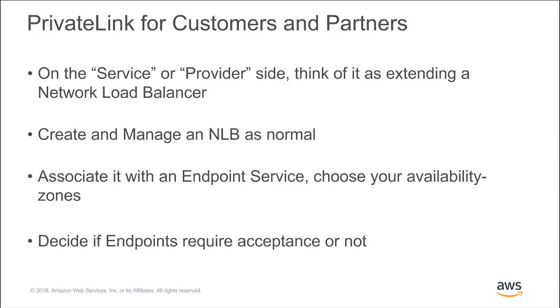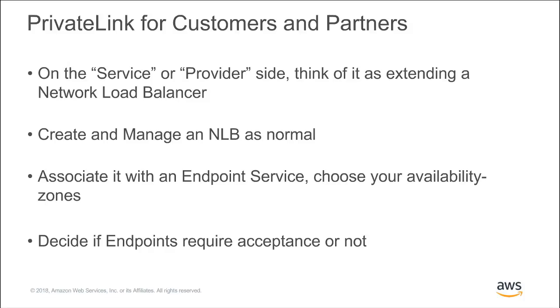So there, what you do is you start out with a normal network load balancer. That's an ELB offering that lets you manage a very highly scalable, fixed IP address, network level load balancer that can spread connections across instances, IP addresses, even if they're behind Direct Connect, or containers. And you just create and manage that NLB as normal. You can use auto-scaling groups, you can use health checks, you can do all the regular things, you've got all your usual metrics, everything.